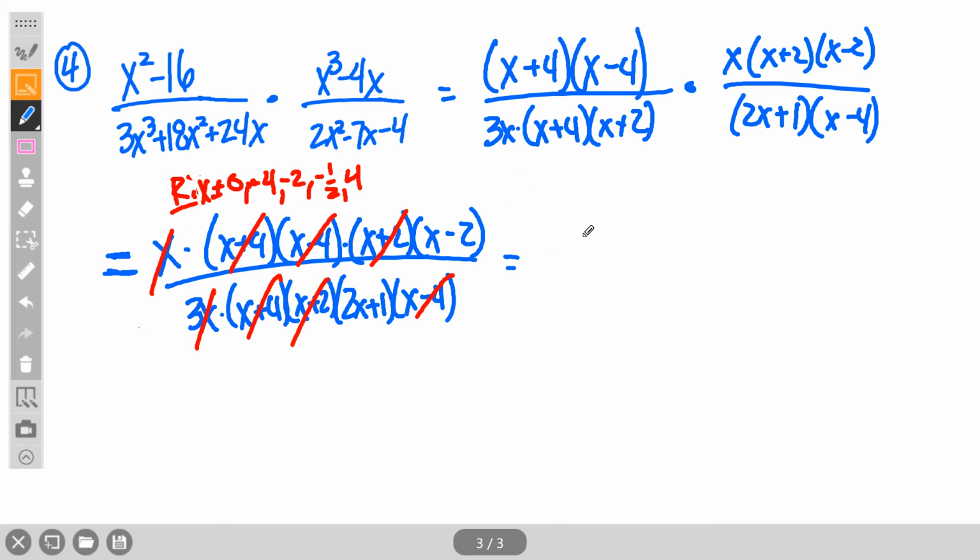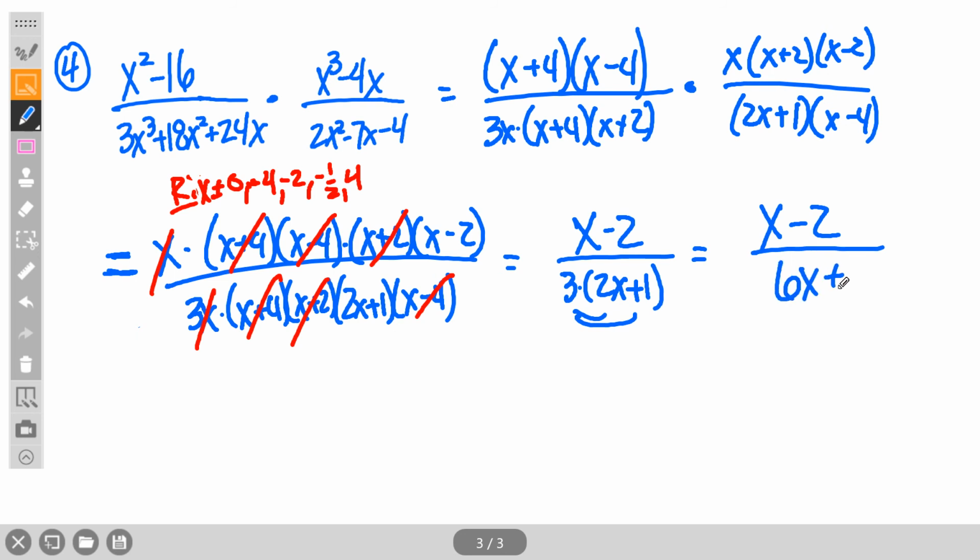So I'm left with x minus 2 in the top, 3 times 2x plus 1 in the bottom, and then I do want to distribute that. So I got x minus 2 over 6x plus 3. So this would be the simplified expression for this multiplication here. The restrictions, 0, negative 4, negative 2, negative 1/2, and 4.